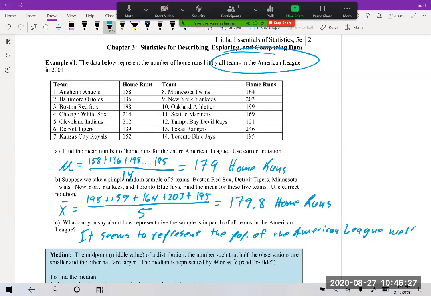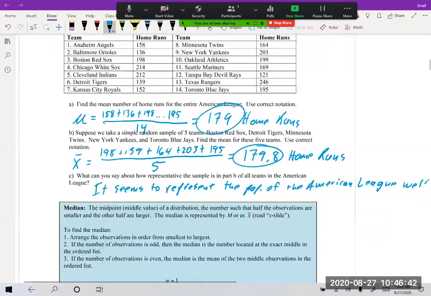Well, because we got 179.8 and it was 179 for the entire population, that's pretty good. In this case, we do know the entire population's mean mu. In general, you will not know the entire population, but in these beginning chapters, we do some of the time.